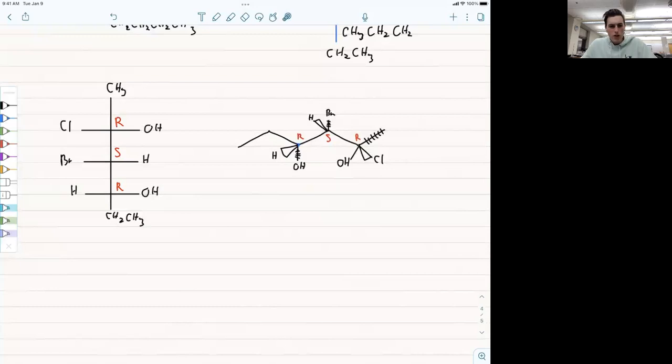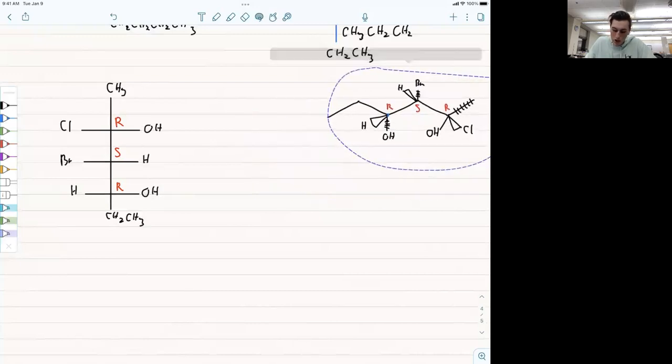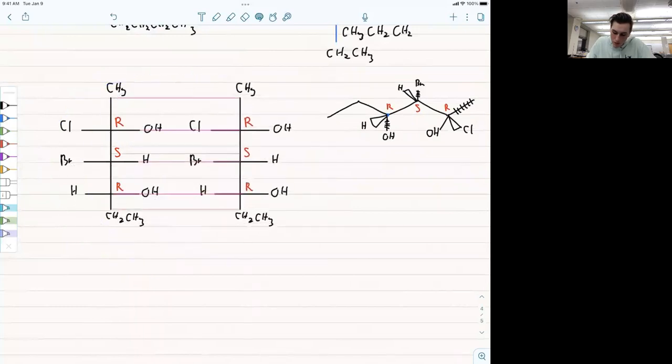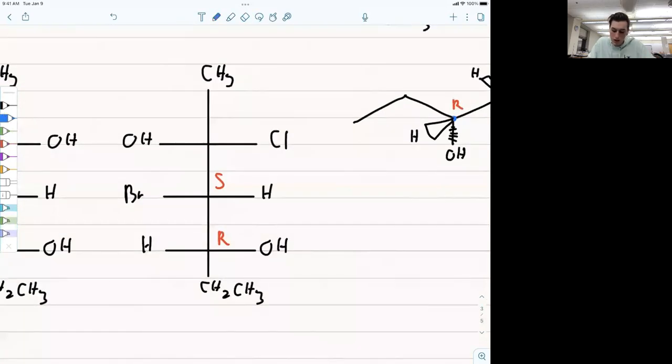The only other thing that Fischer projections can be used for is to find enantiomers. So if I was comparing that Fischer projection to basically the same thing, but you move around a few molecules and say this is over here, then I'm going to look at this because this was R before. I'll just check to see what it is now.